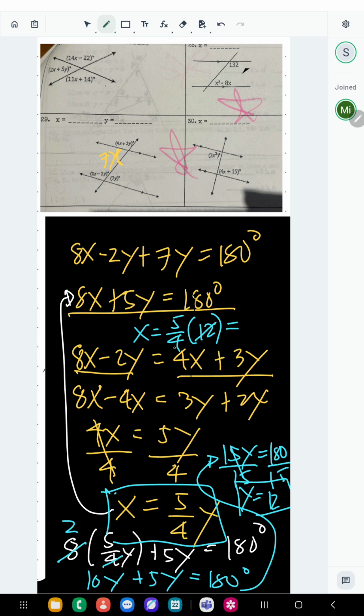So 12 divided by 4 is 3. So 5 times 3 is 15. So x is 15 and y is 12. Got that? Okay, so we can move on to number 30.